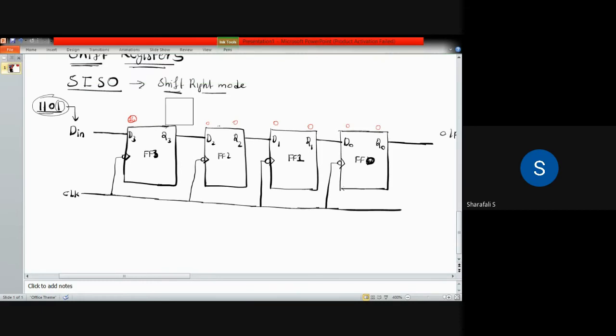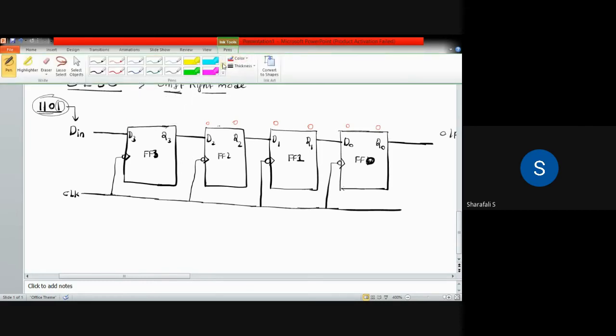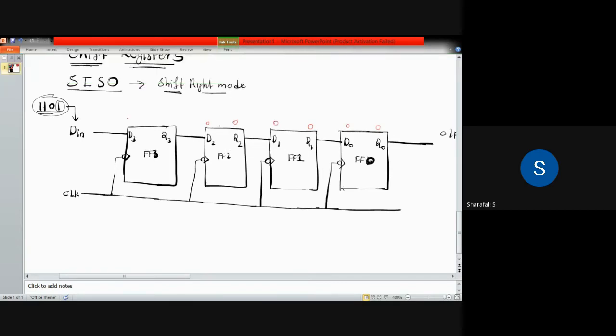So in this case you have this data, which is 1 here and 1 here. And with the next clock pulse, that is the next triggering, this particular output Q3 will be fetched into this D2.